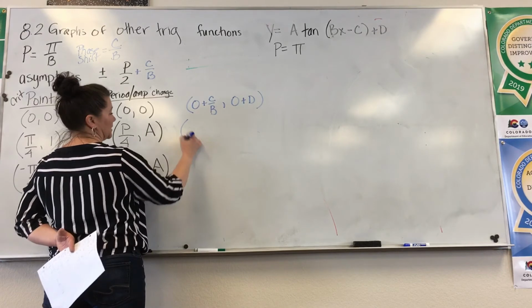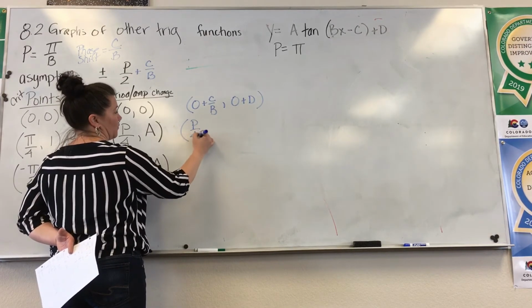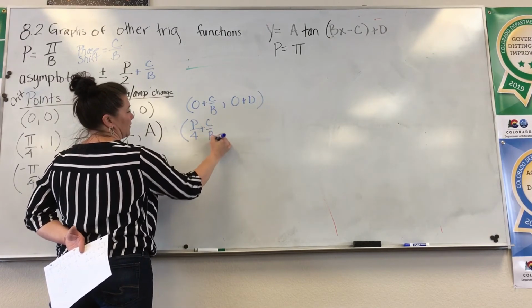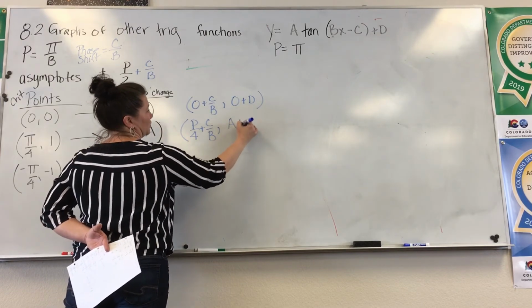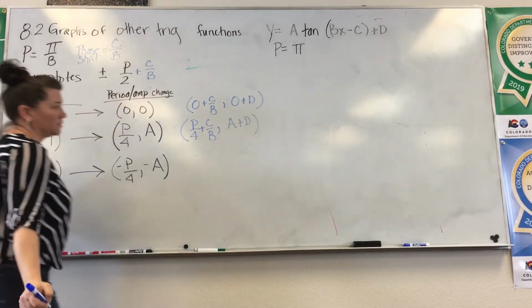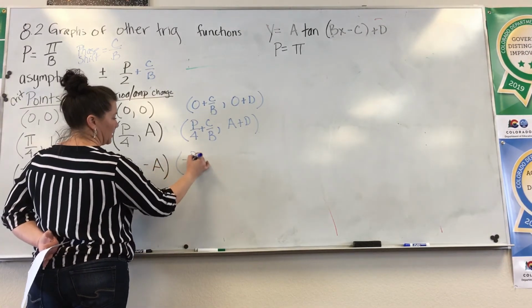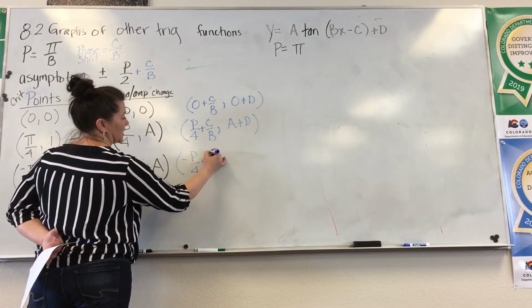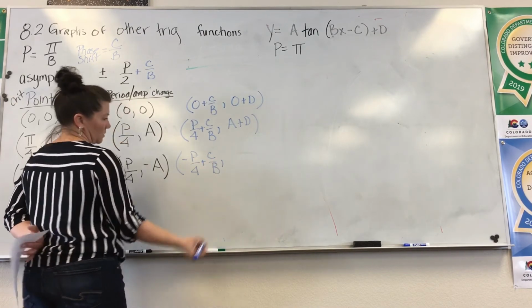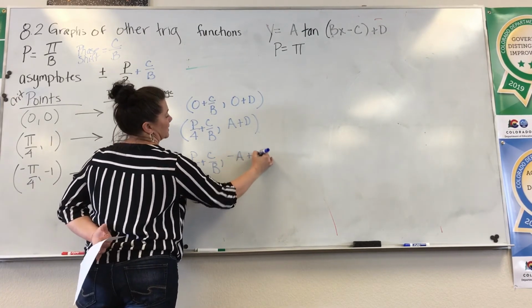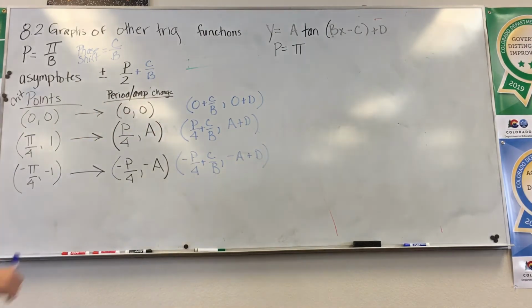The same thing happens here: your period divided by 4 plus your phase shift and your amplitude plus your vertical shift. And the same here: negative P over 4 plus your phase shift and negative A plus your vertical shift. Okay? So that's going to be tangent.